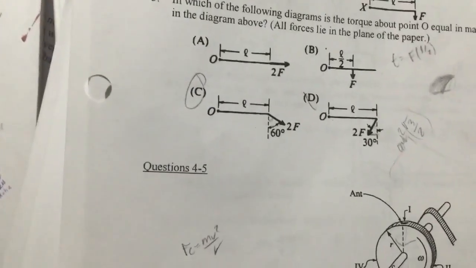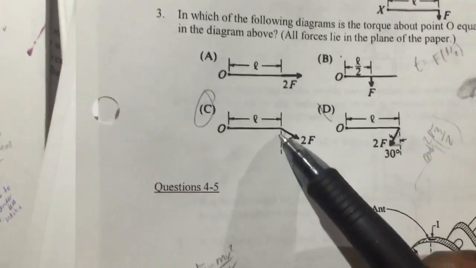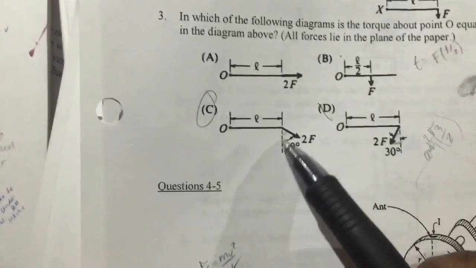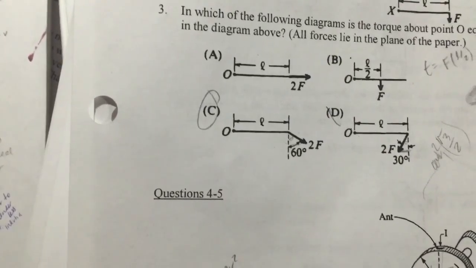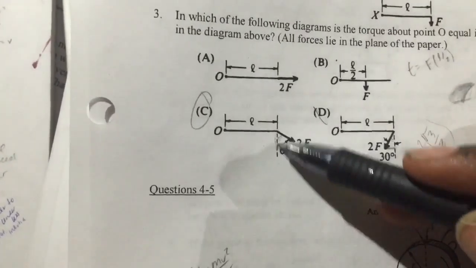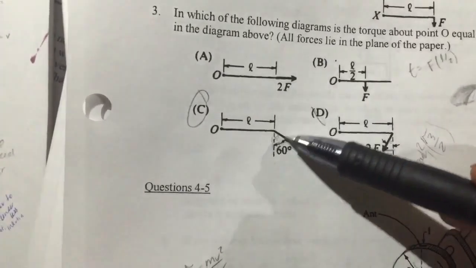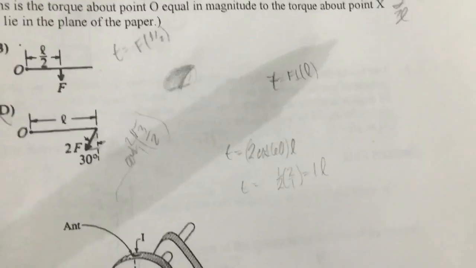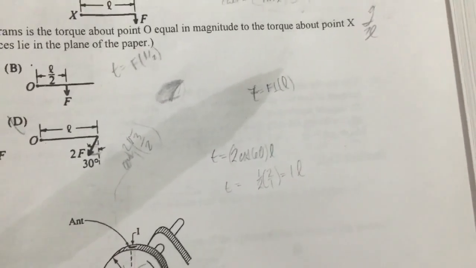And then in choice C, to find the force perpendicular, you would have to use trigonometry to find the force on the y-axis. So I did that, 2 cos of 60 times the length would equal the torque.